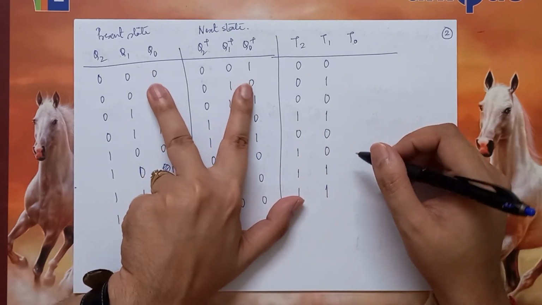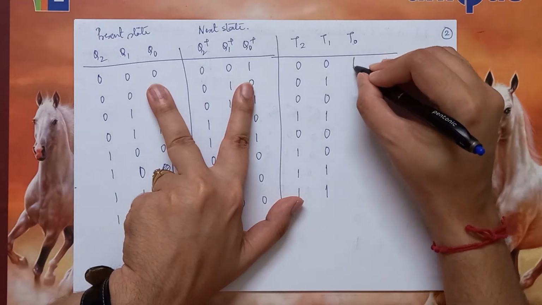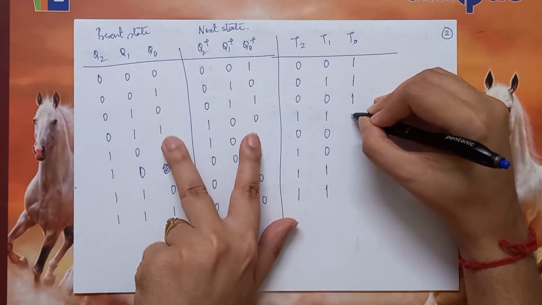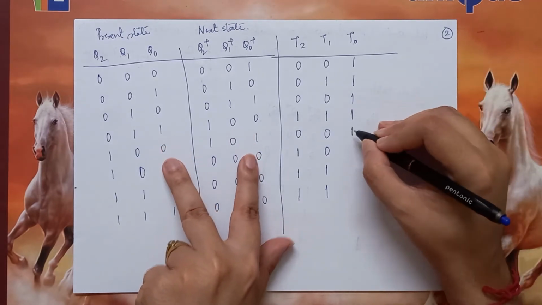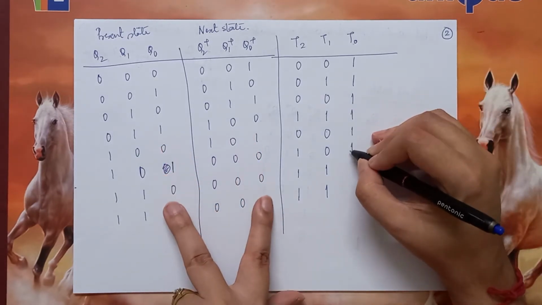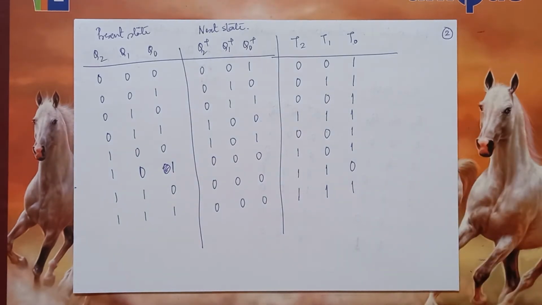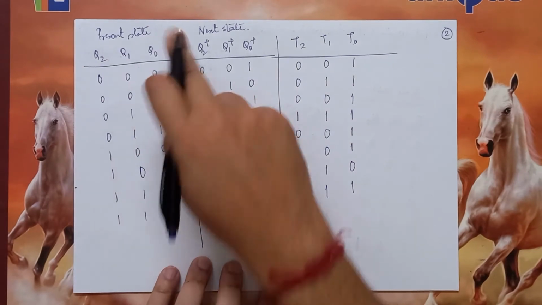Then Q0 and Q0 plus. 1, 1, 1, 1, 1, 1, 0 and 1. That's it. So now we have T2, T1 and T0 as functions of Q2, Q1 and Q0.